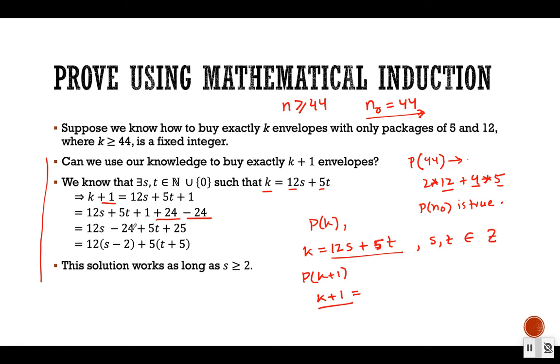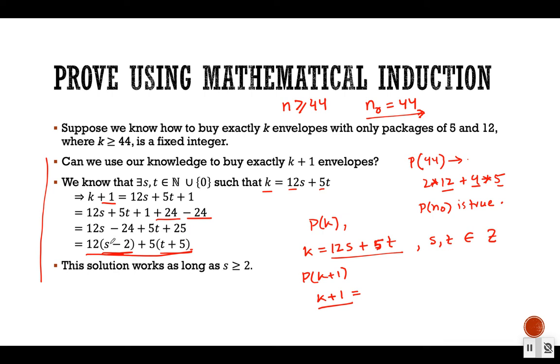Then we can make it in this form: 12 times (s minus 2) plus 5 times (t plus 5). So k plus 1 can be represented like this: s minus 2, and 5 times t plus 5. t is an integer, so t plus 5 is also an integer.